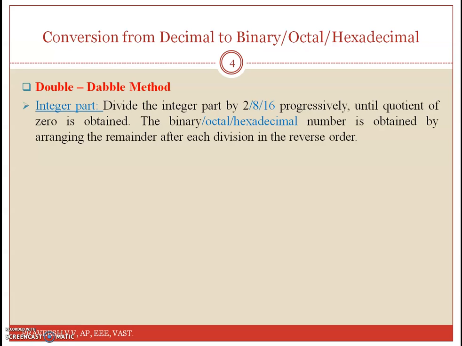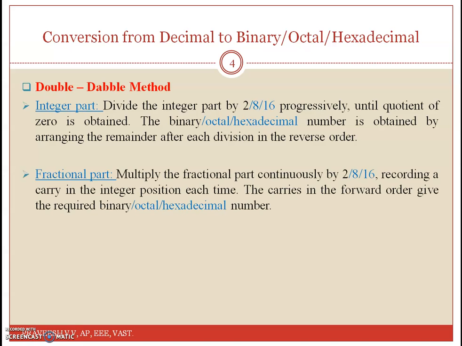The binary number is obtained by arranging the remainders after each division in reverse order, that is from bottom to top. That is the procedure for converting the integer part. So just divide by 2 continuously until you reach a 0 quotient, then arrange the remainders in reverse order.